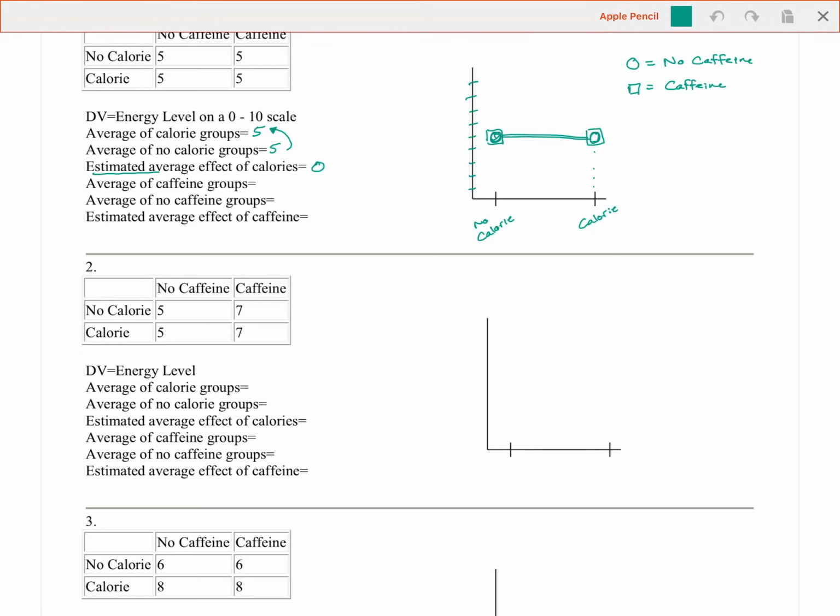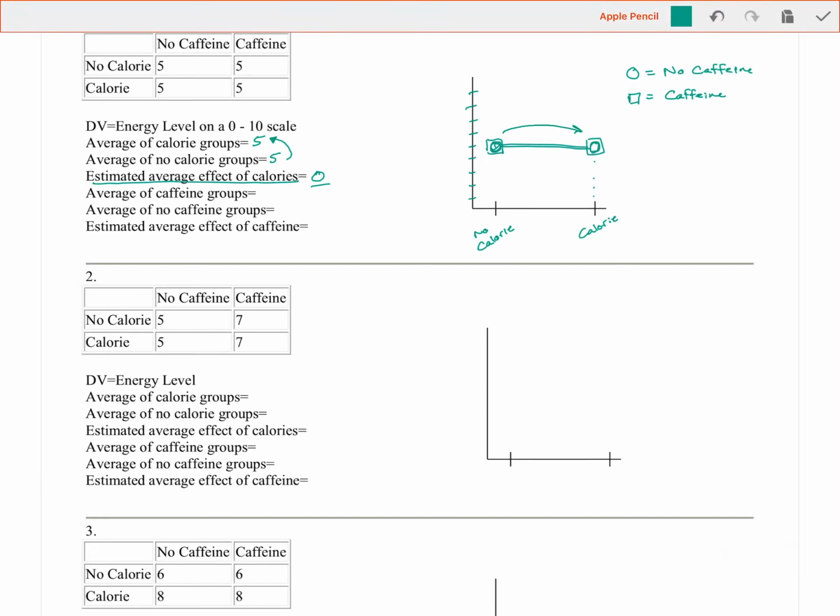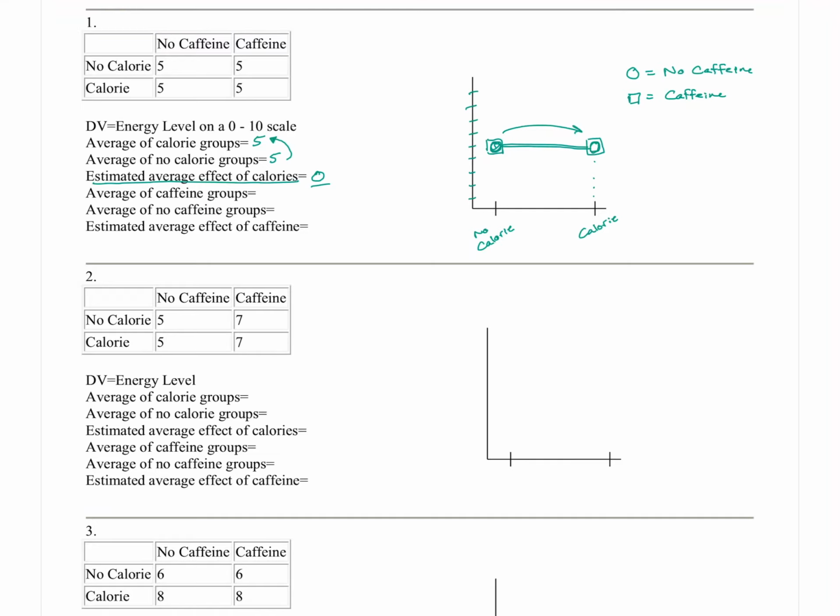In other words, the average effect of adding calories is nothing. Okay? We can see it over here on our right graph because when we move from one side to the other, we find a level line. In other words, our energy score isn't on average going up or down when we average all of the no calories versus all of the calories on the right hand side.